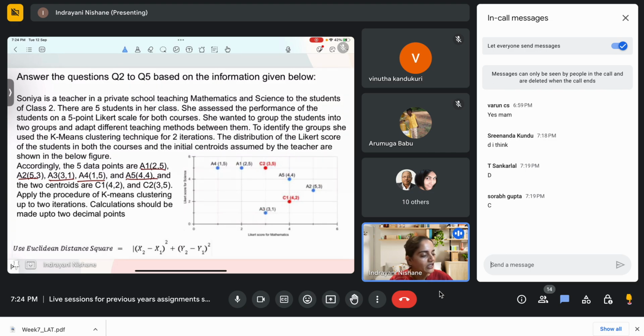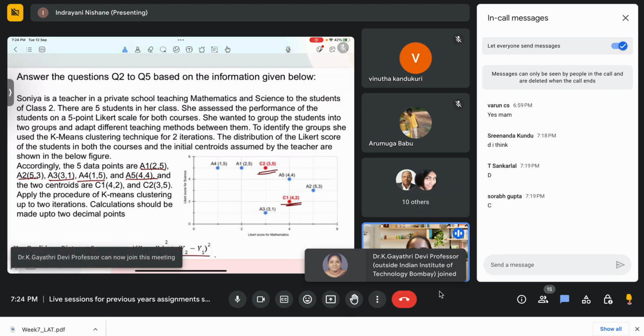Initially, C1 and C2 are the clusters. We are supposed to go up to 2 iterations to find new clusters and new centroids, using the Euclidean distance formula. Ideally, the Euclidean distance formula is a square root.